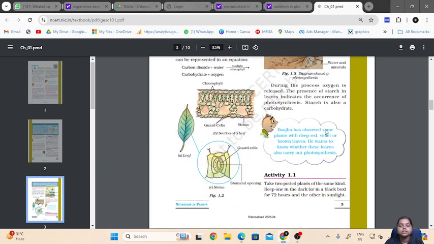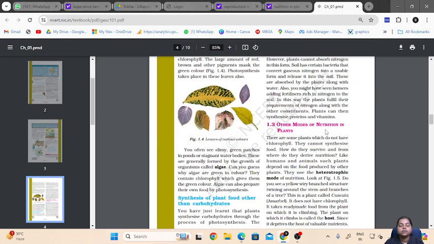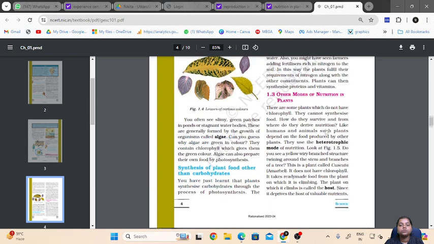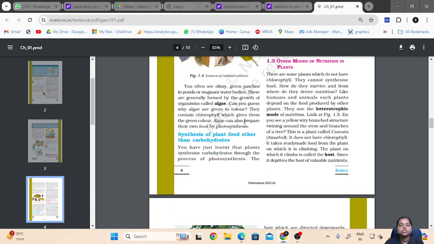Oxygen is taken up by all the living organisms. Then, other modes of nutrition. Before that we saw algae, which are slimy green patches found in ponds or stagnant water, and they are also photosynthetic.